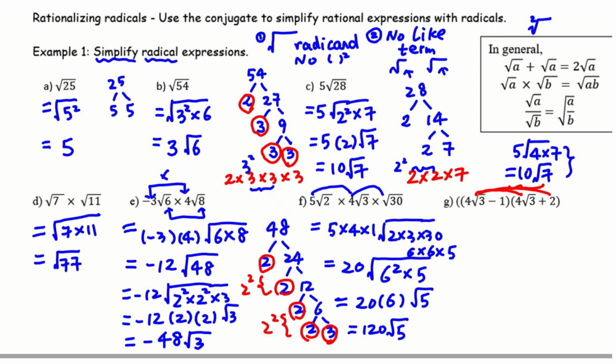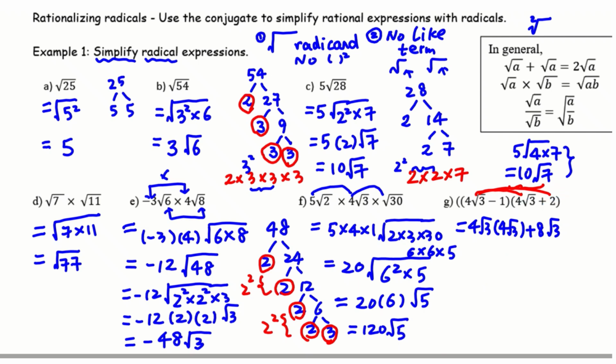So we are going to have 4 square root 3 times 4 square root 3. Then 4 square root 3 times 2. 2 times 4 give you 8. So you could have 8 square root 3 for the first term times the second term in the second bracket.